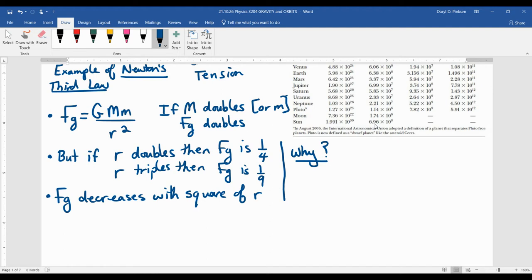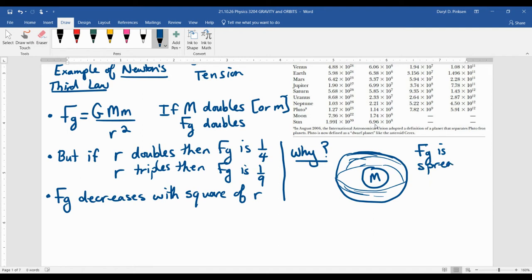Well, it has to do with the fact that if you look at some kind of body like this, here's M, and apparently, according to Isaac Newton, it's generating a force field, and that force field is spread over the surface of a sphere, and that does not look very spherical, but just bear with me. So the force of gravity is spread out over the surface of a sphere.